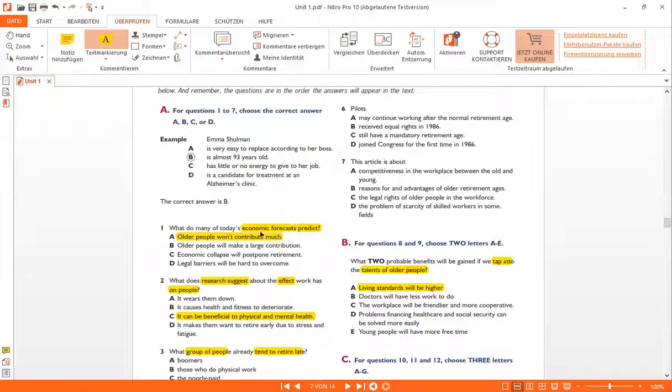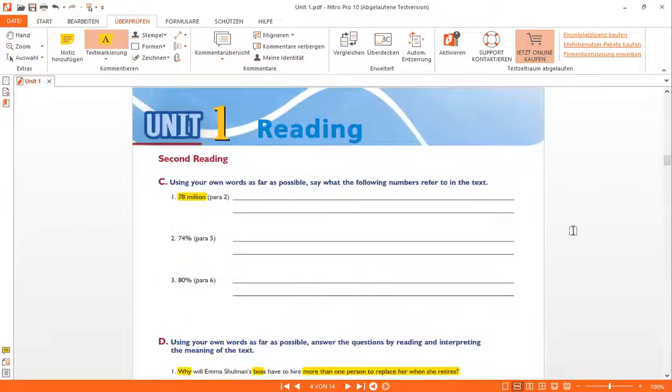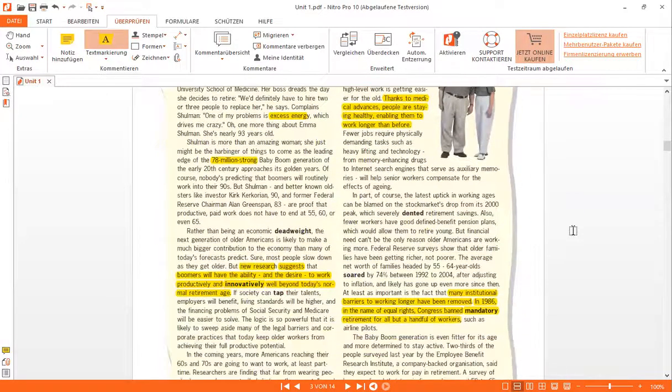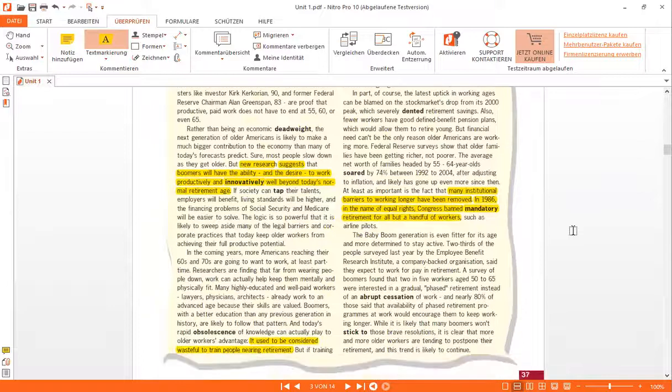So we need to look for the portion that contains the economic forecast and then the prediction. We don't know the answer yet, so we're just going to look for the part of the text that talks about the economic forecasts. So we scan through the text, okay?